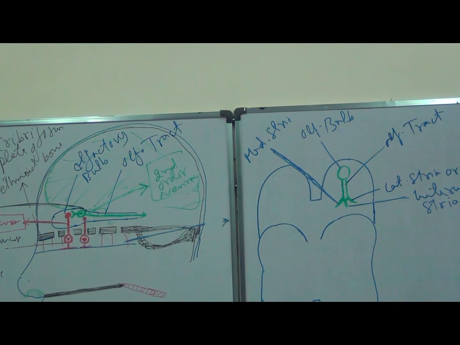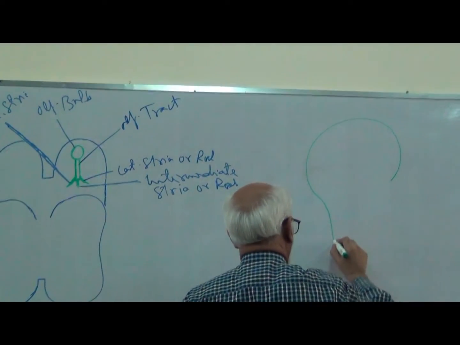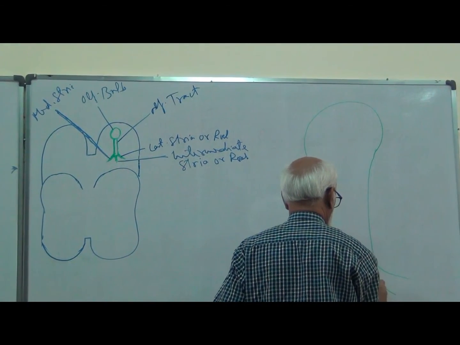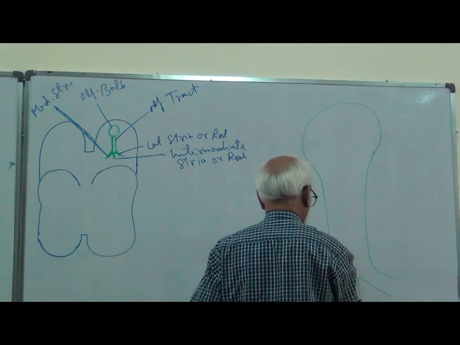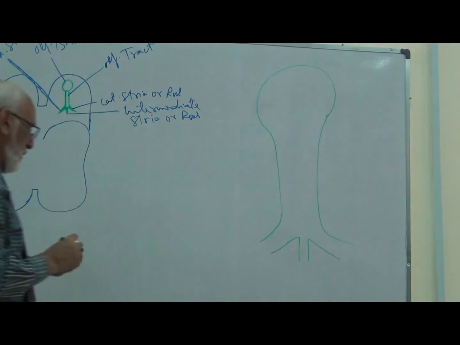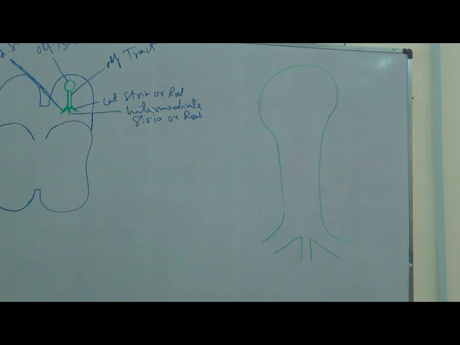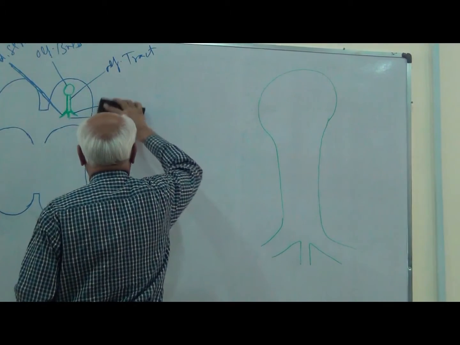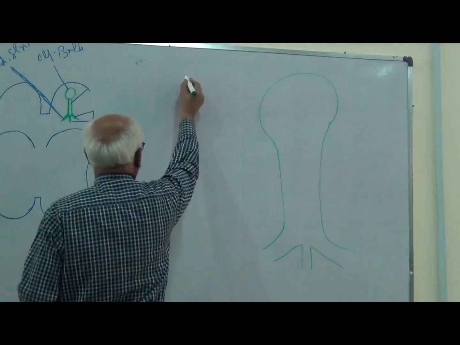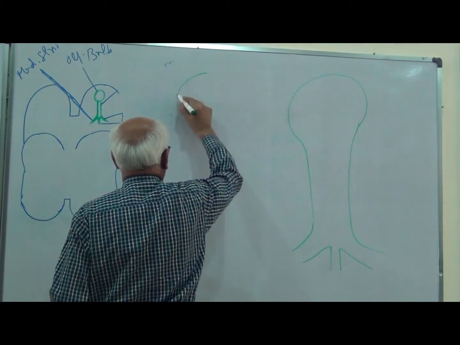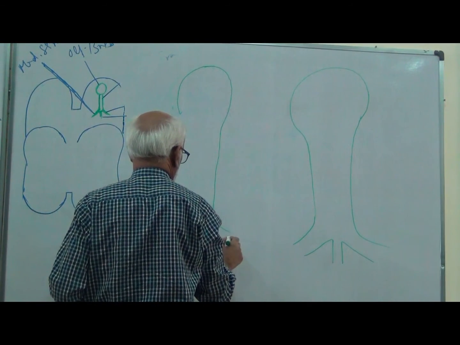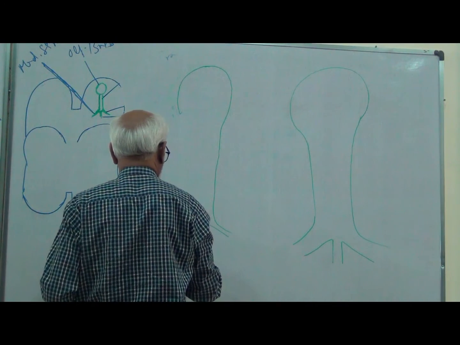Now, if we draw an enlarged view of the olfactory bulb, olfactory tract, and these three roots or striae. This is the olfactory bulb of one side, and the olfactory bulb of the opposite side, dividing into medial stria, intermediate, and lateral stria.